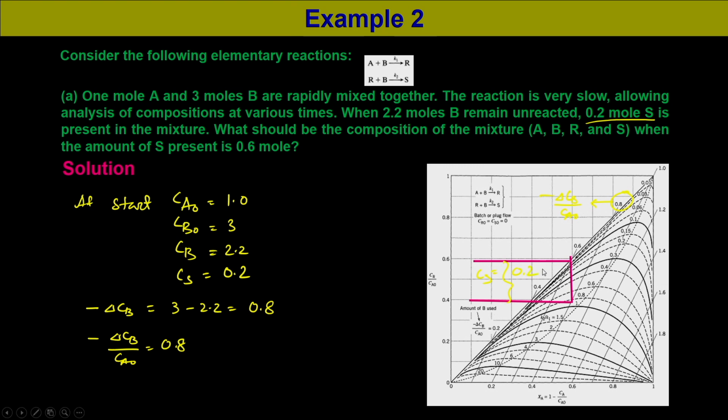With this we can obtain this point, which is K2 by K1, equal to 0.85. So, once we obtain K2 by K1 of 0.85 over here, now we can follow this curve.